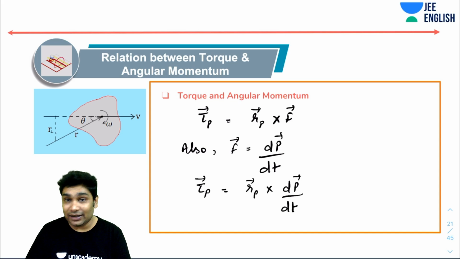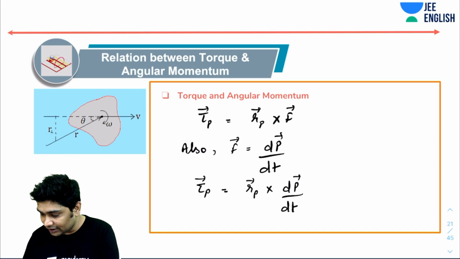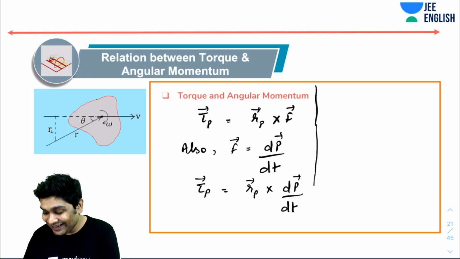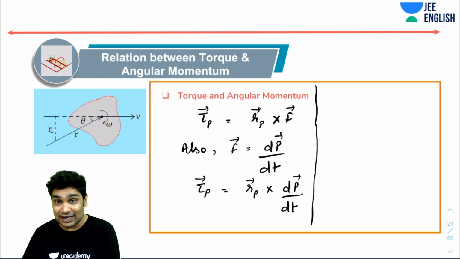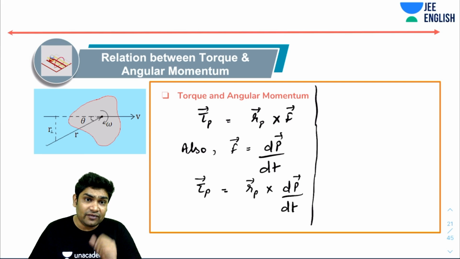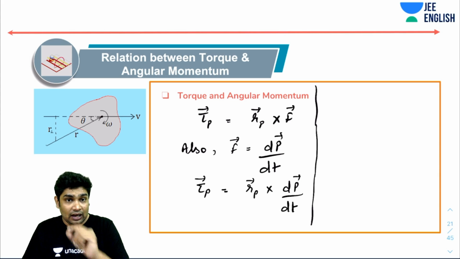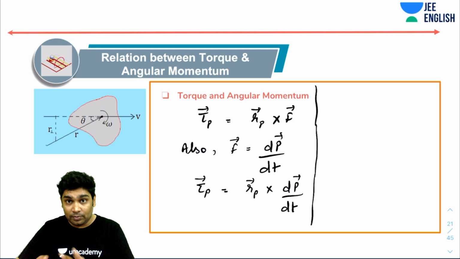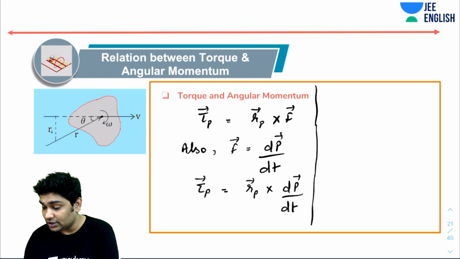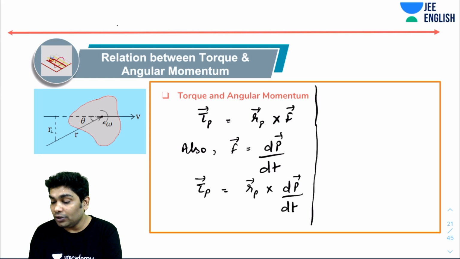Now I'm going to take another step and tell you something very, very interesting. So what is r about P? It is the position vector of the point of application of force. And the force, at whatever point it is applied, will be changing the momentum of the particle. By the way, this is for a single point mass.